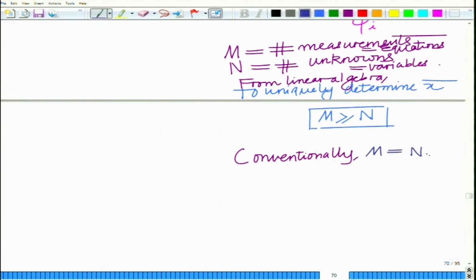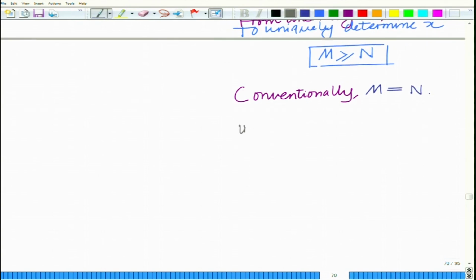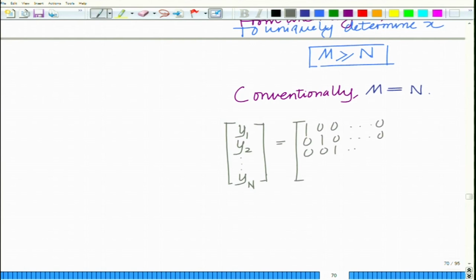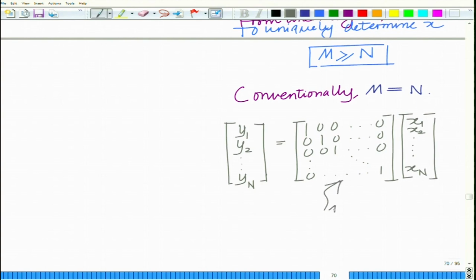How do we do that? That means we have these n observations y1, y2, up to yn, which is simply the identity matrix. So, typically what you have is you are simply sampling the signal.